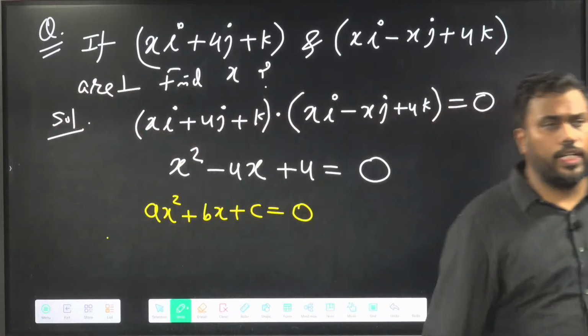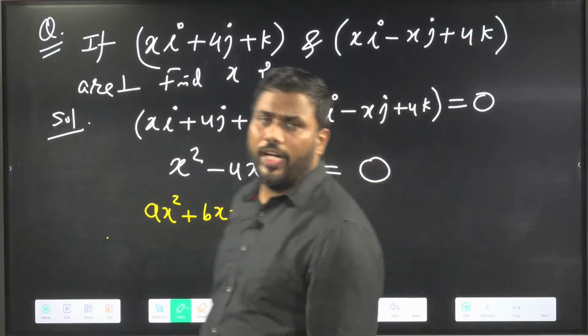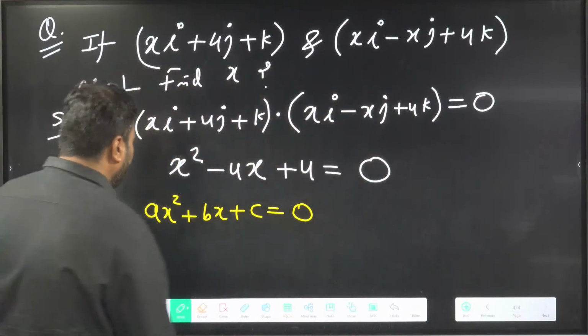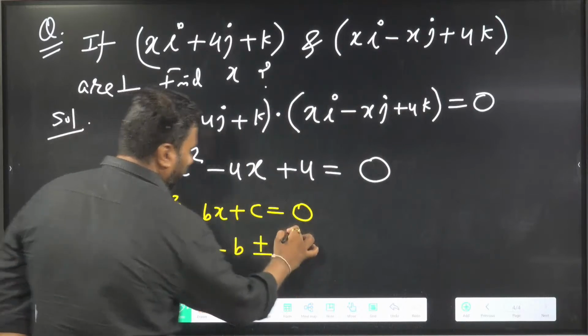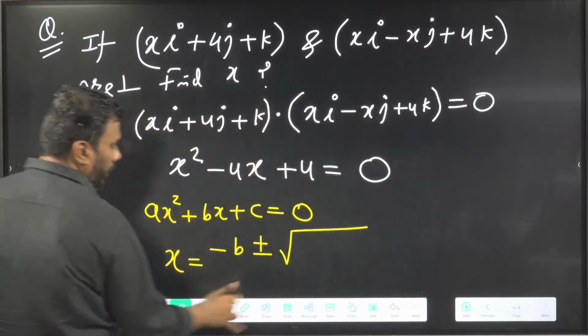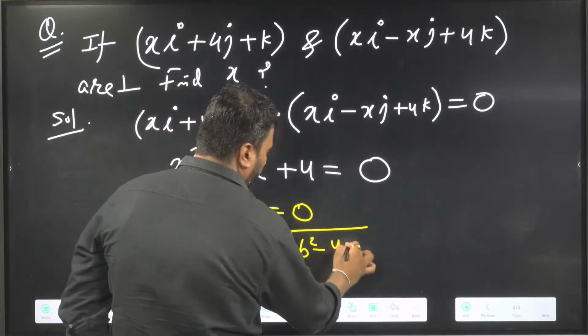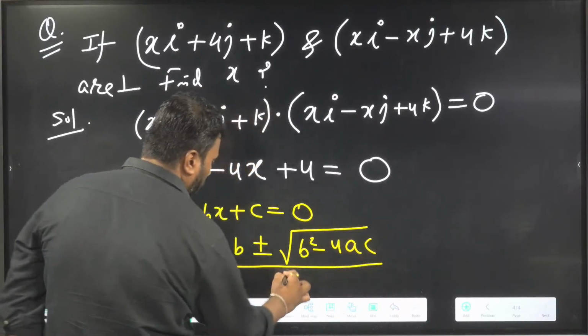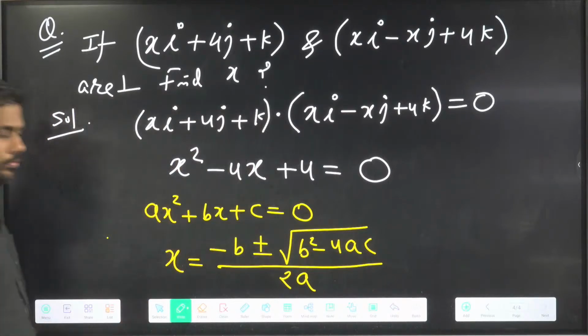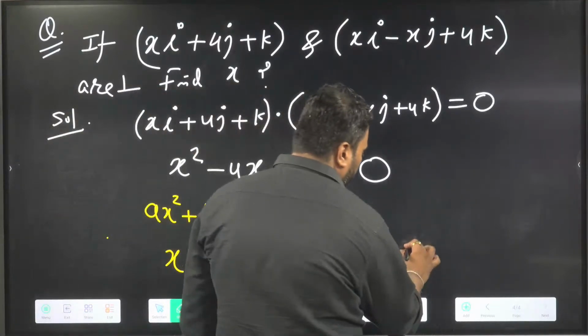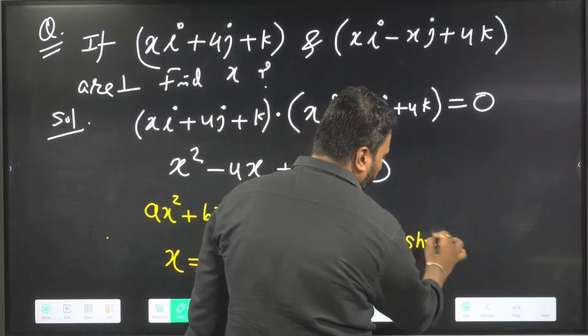How to find the value of x for which this equation is 0? The solution is x equals minus b plus minus root over b square minus 4ac, upon 2a. This is the solution of the quadratic equation, given by Sridharacharya.